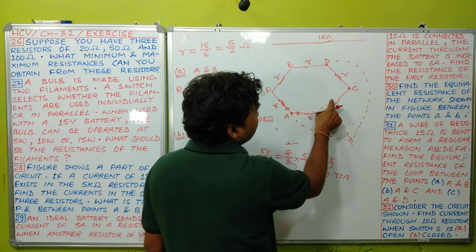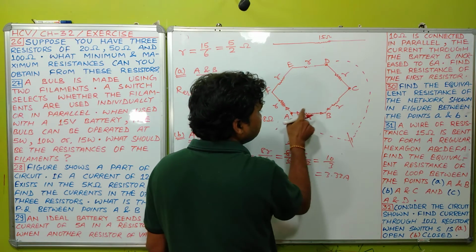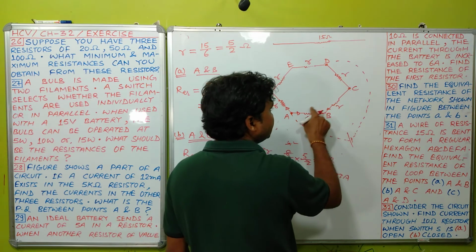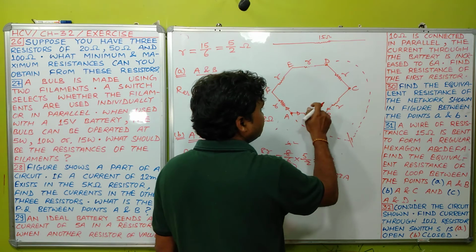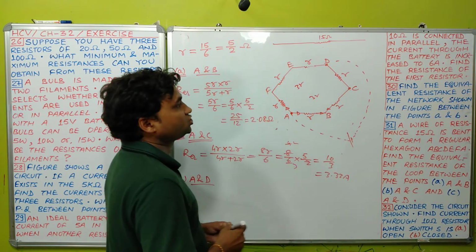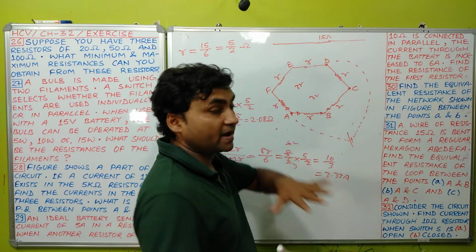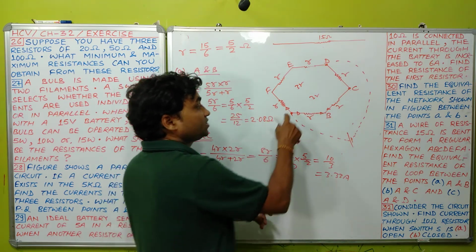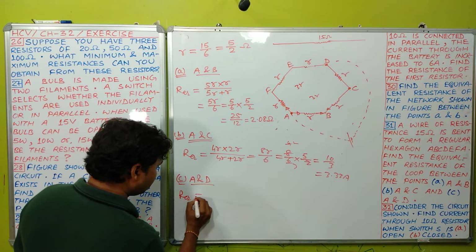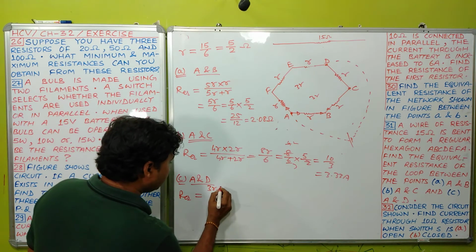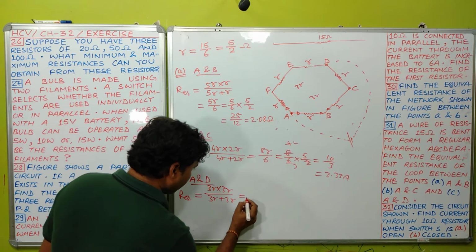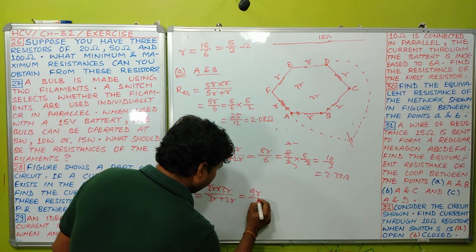Similarly, these three resistances will be in series because the same current will flow through these three resistances, so their equivalent again is 3R. So 3R and 3R, you can understand now, these two will in turn be parallel because both will be connected across A and D. So equivalent resistance will be 3R into 3R divided by 3R plus 3R, which is 9R by 6.